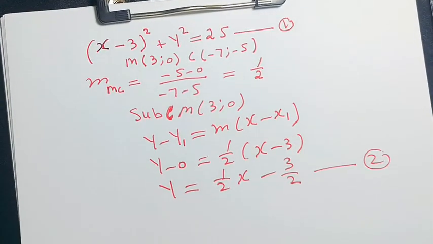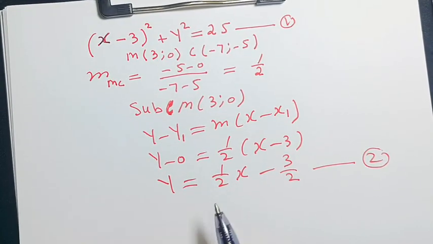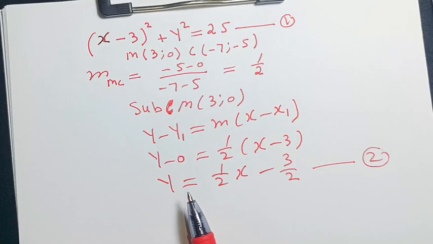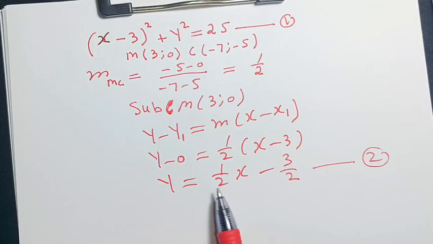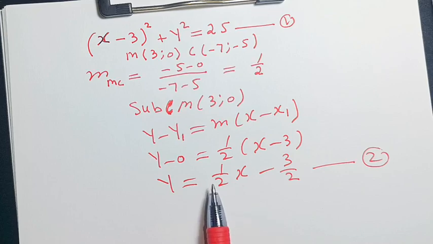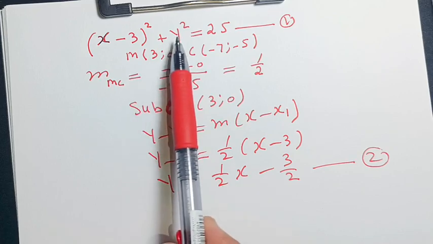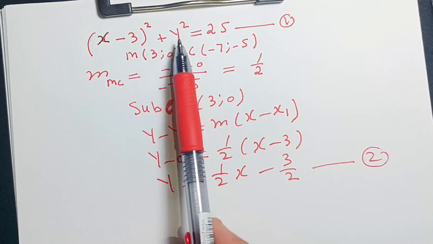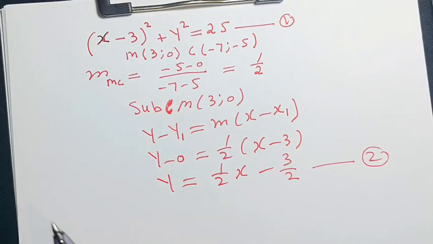Now, we need to solve simultaneously. We already have y isolated, so I'm going to substitute. This is a very popular concept we use in analytical geometry. So this y I'm going to substitute into the circle equation in place of y, then I will find the x value.